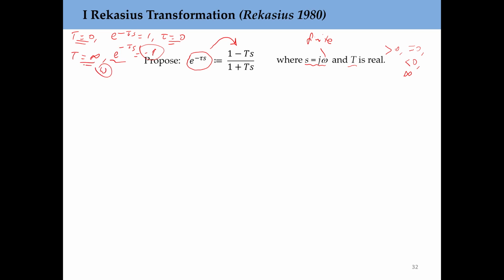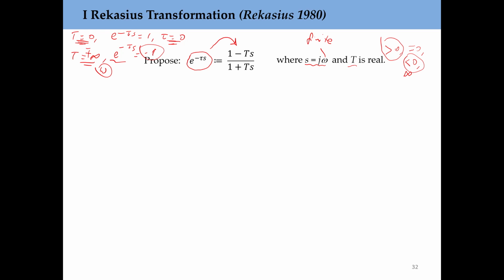That's the infinity case covered. The T equals 0 case is easily covered, because that's the case when the delay is 0. Then we need to investigate separately when T is positive, some value other than 0 and infinity, because 0 is not a positive number, or whether T can actually be negative. Good. Now, T plus or minus infinity does the same thing, because the right-hand side is always minus 1, whether T is plus or minus infinity.